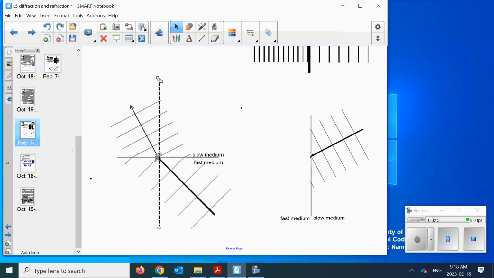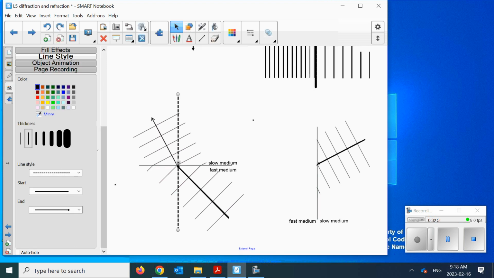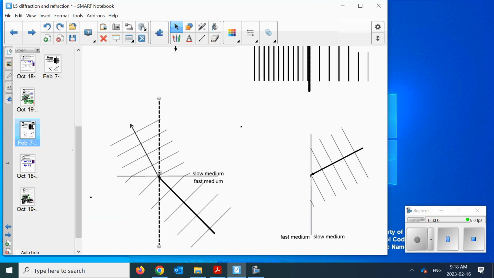Get rid of the arrow on that. Right, there's my normal. I've got my refracted ray and the waves.